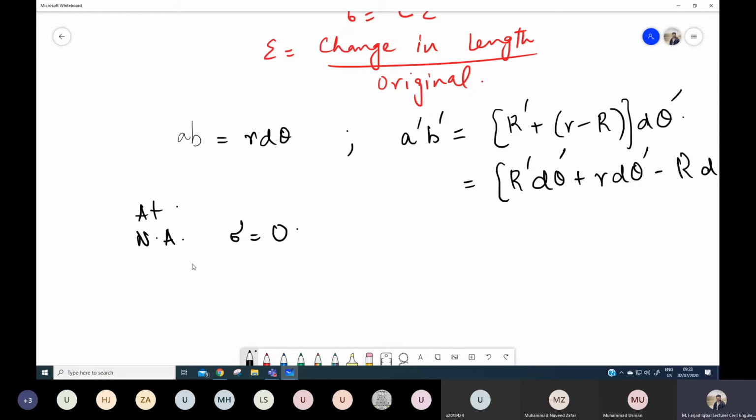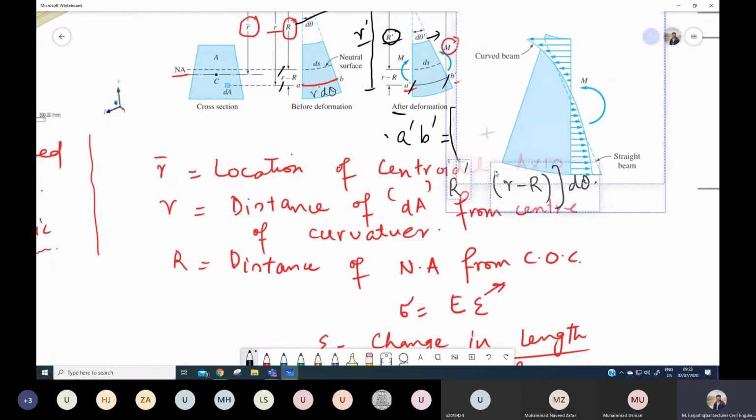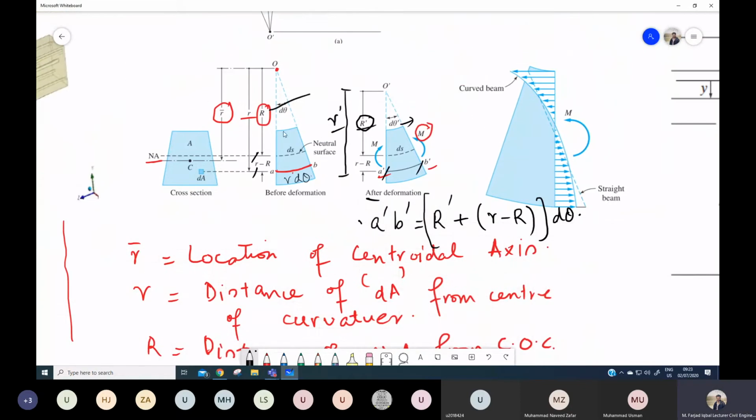So that means the length of the neutral axis before and after deformation is the same, because there won't be any stresses occurring on this neutral axis. From this figure, what is the length of the neutral surface before deformation?